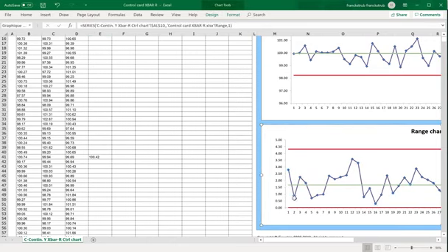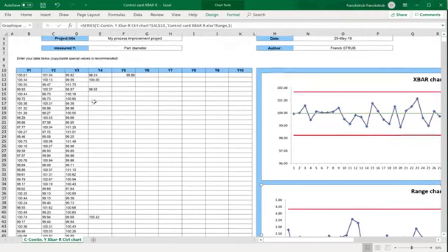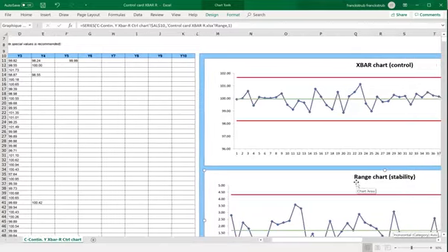This point means it's the max of all the points that we use for X-bar 2 minus the minimum of all the points collected and used to calculate X-bar 2. And we do this for all the data sets that we have collected, and it gives us this control chart called a range control chart.